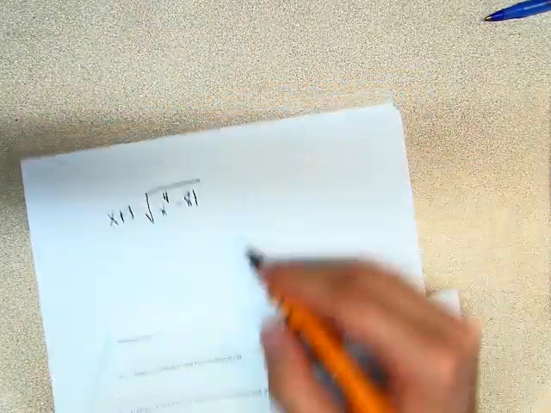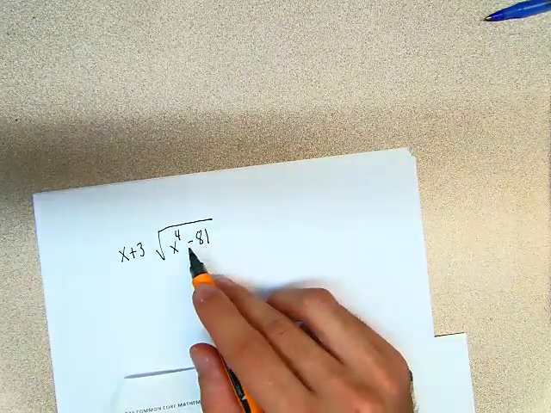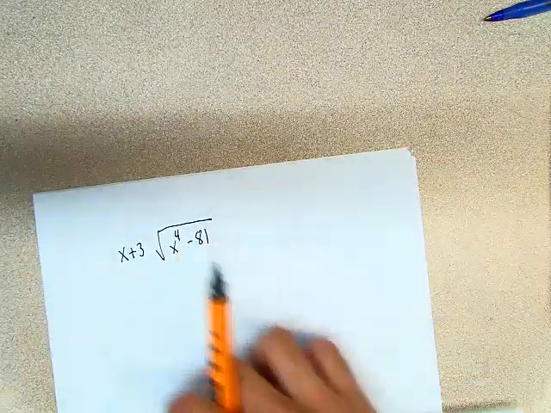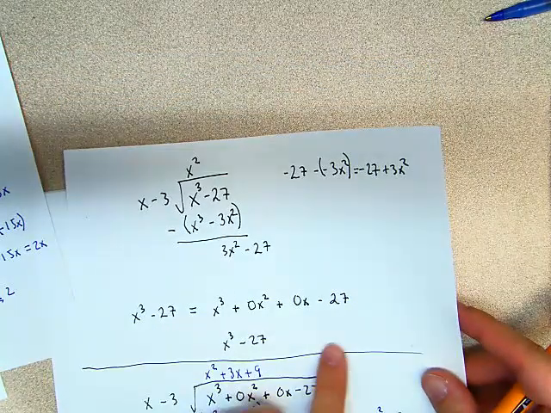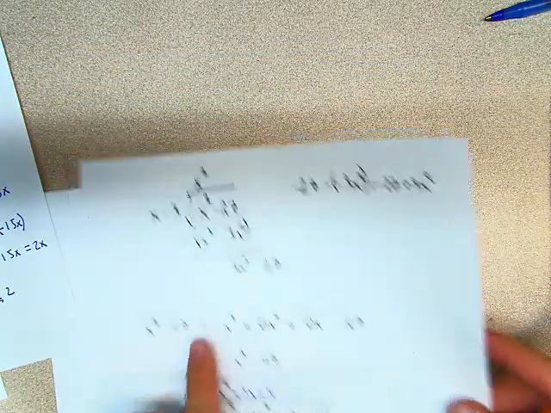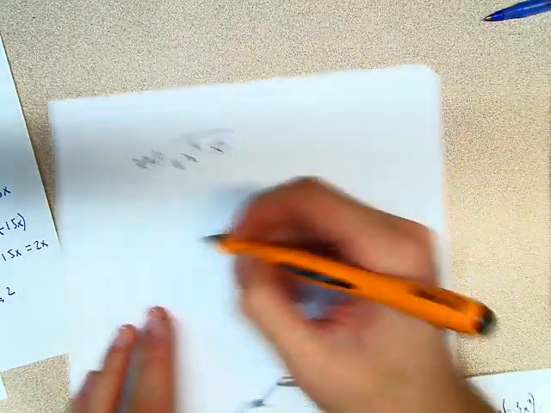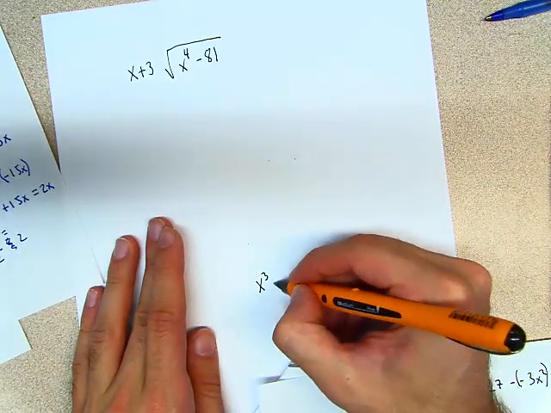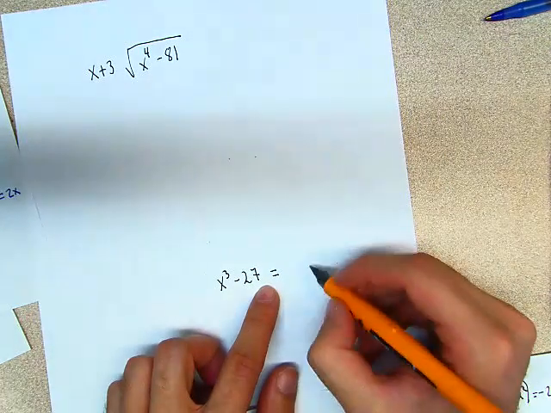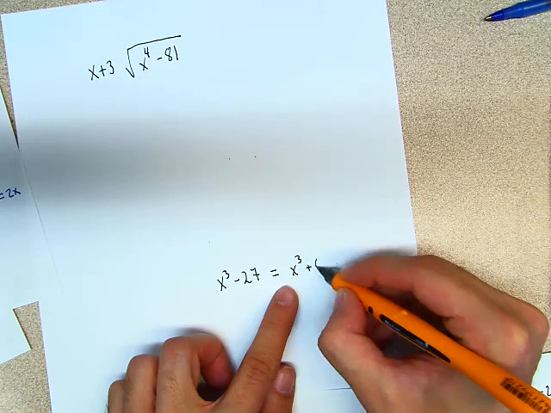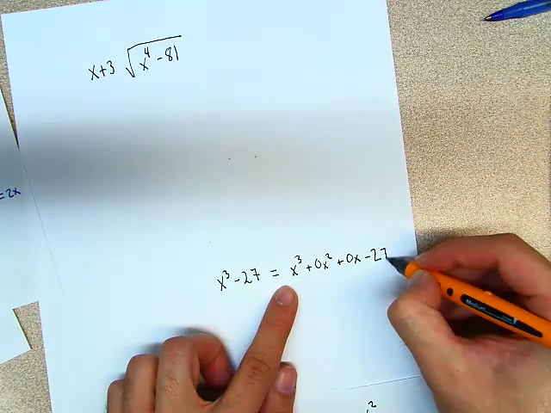So remember, when you have something like this, you want to change this to make it look like what? Something like this. Let's take a look at the last example. If you had x cubed minus 27, this is also equal to x cubed plus 0x squared plus 0x minus 27.